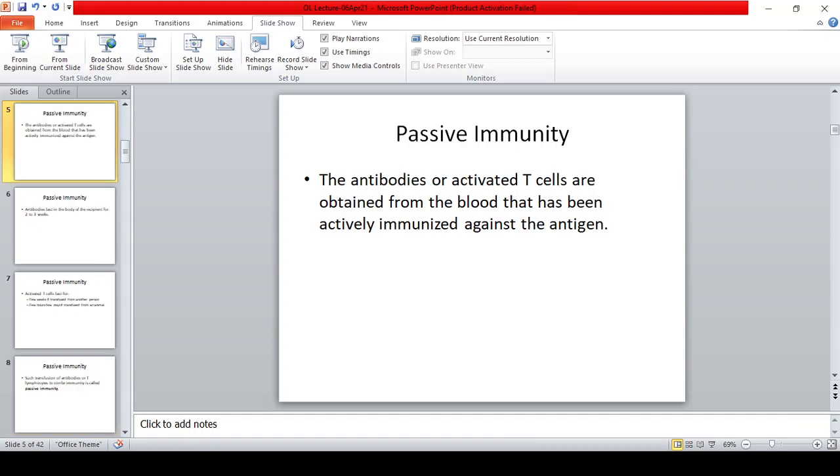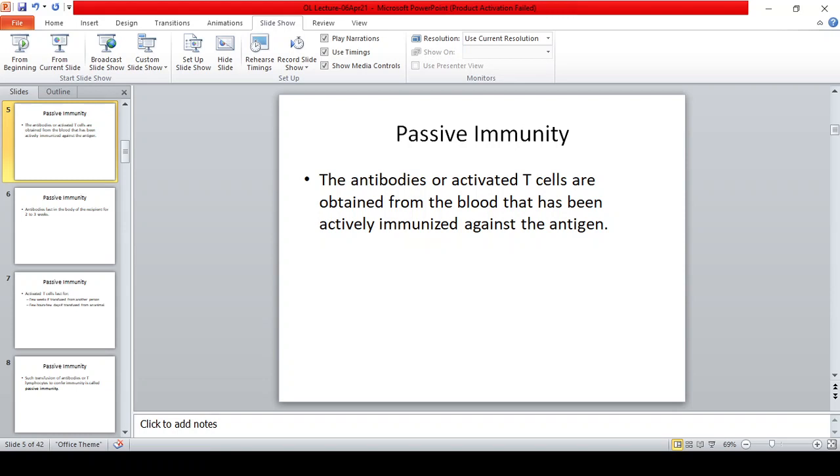Rather, the antibodies or activated T cells are obtained from the blood that has been actively immunized against the antigen. Now, this blood may be taken from some animal in which that specific antigen was introduced.